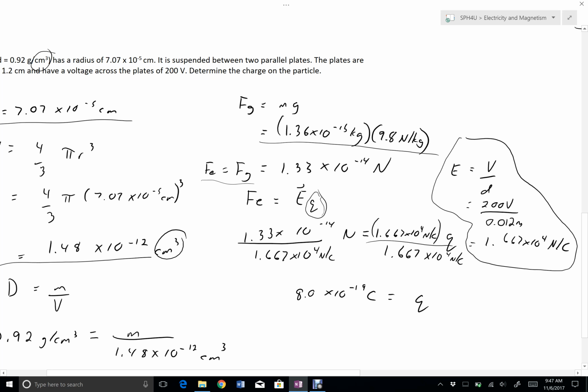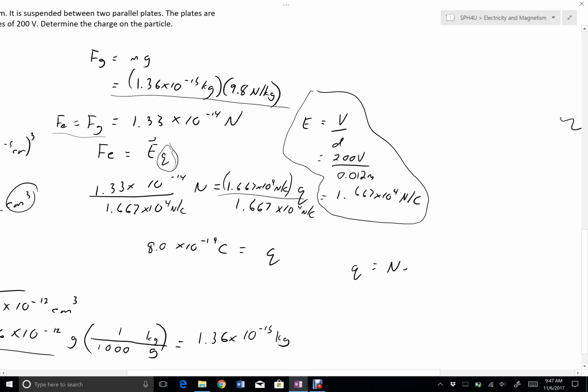Now this charge in particular must be made up of some number of the elementary charge. So this is 8.0 times 10 to the negative 19 equals whatever our multiple number n is, times 1.6 times 10 to the negative 19.